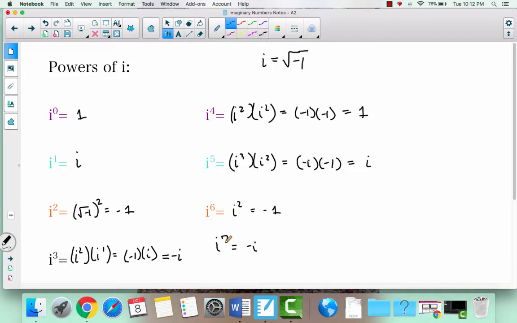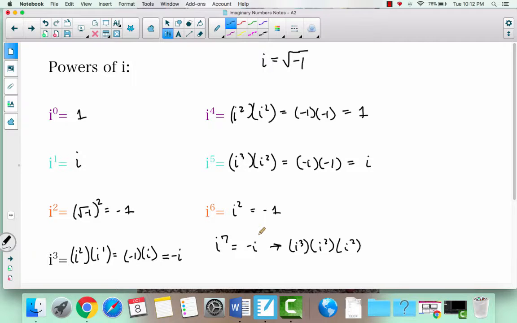And you could check it. You could break it up into i to the third times i squared times i squared, because 3 plus 2 is 5, plus 2 is 7. And then I could replace these with all their simplified versions, and what you'd end up with is -i.